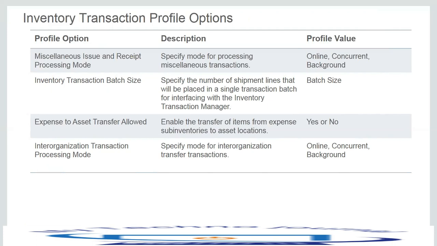If it is concurrent processing, upon commit, the inventory management spawns the concurrent process and returns control immediately to you, allowing you to continue working. And it displays the concurrent request number representing the concurrent process executing the miscellaneous issue and receipt transactions.